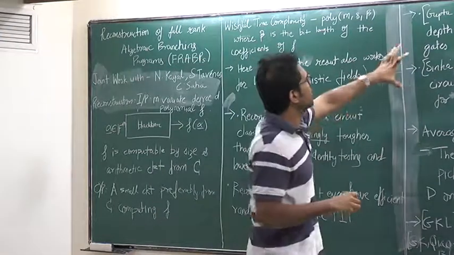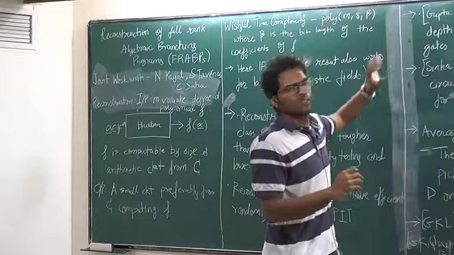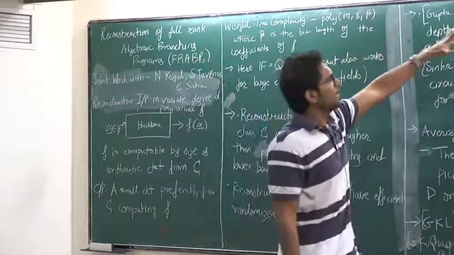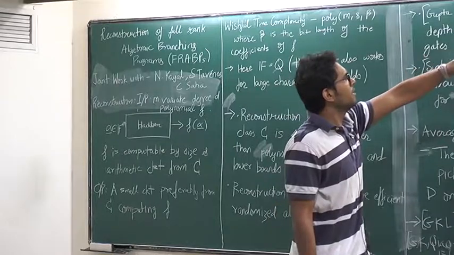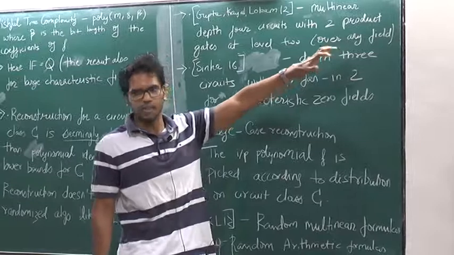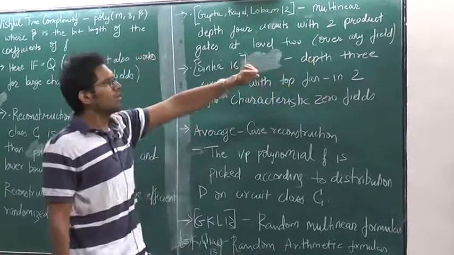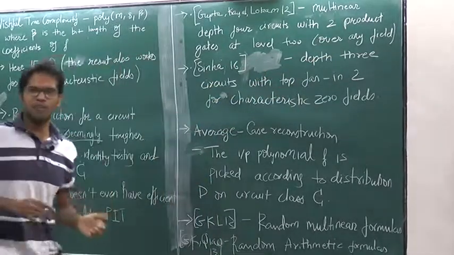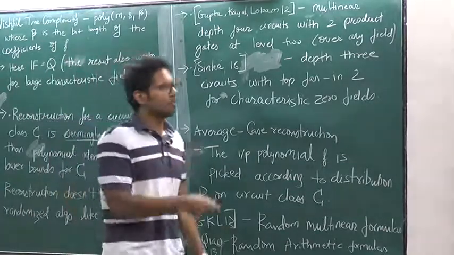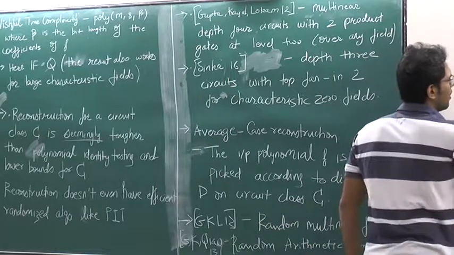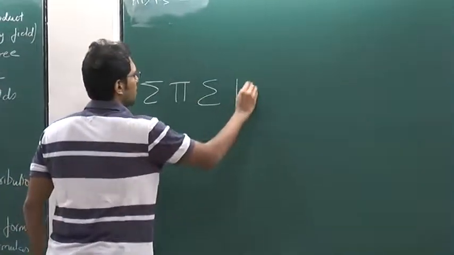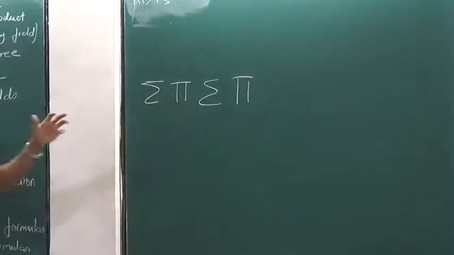These are two randomized algorithms that I've listed. Gupta, Kayal, and Lokam gave an efficient randomized algorithm for multilinear depth 4 circuits with 2 product gates at level 2. It's in the same spirit as depth 3, sigma product sigma, and the top fan-in is just 2.